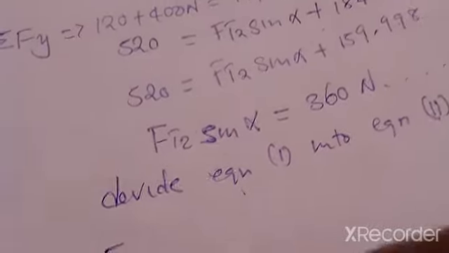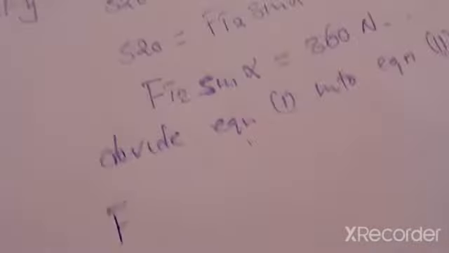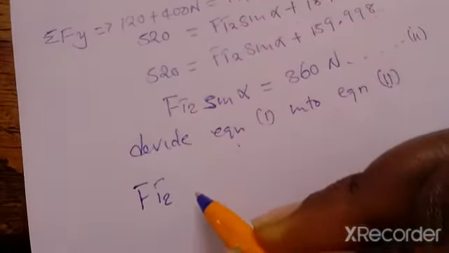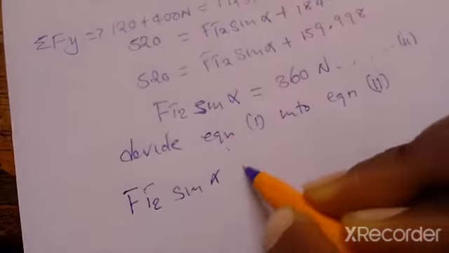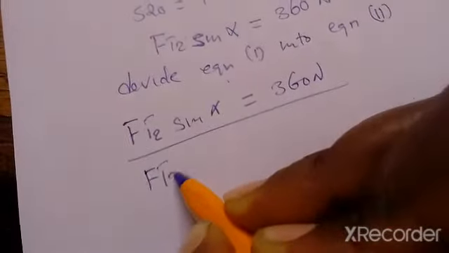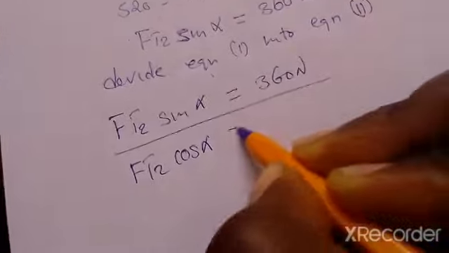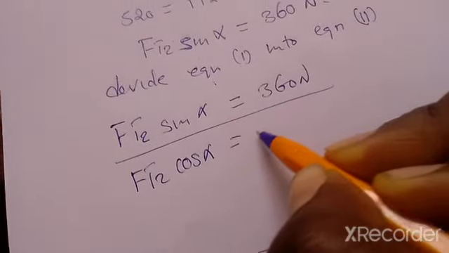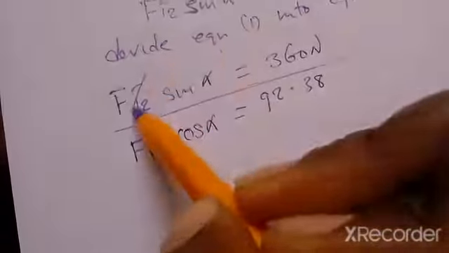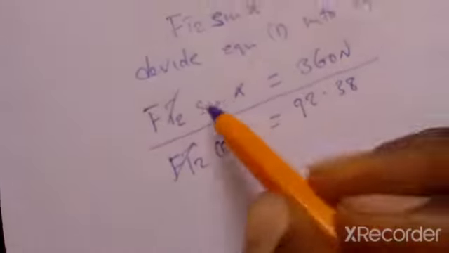we'll have ft2 sine alpha being equal to 360 newtons, and divide this by ft2 cos alpha, giving us 92.38. The ft2s will divide out. ft2 will divide with ft2. Sine alpha over cos alpha will give us tan alpha.